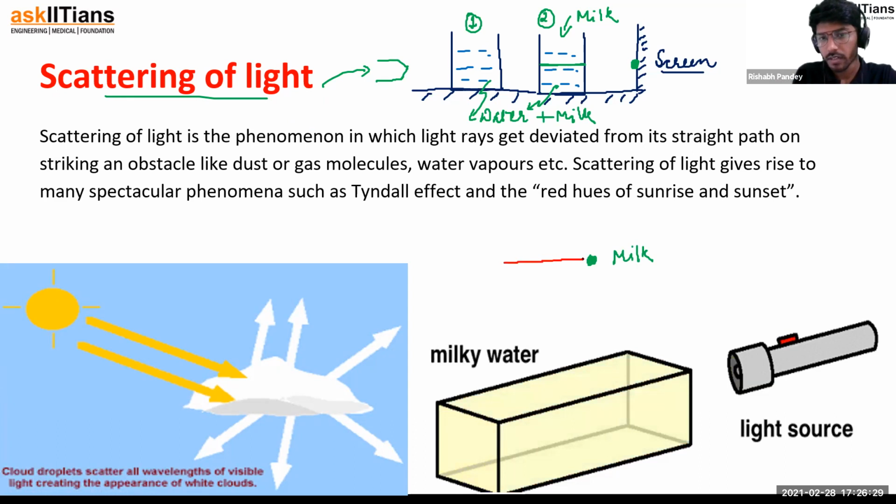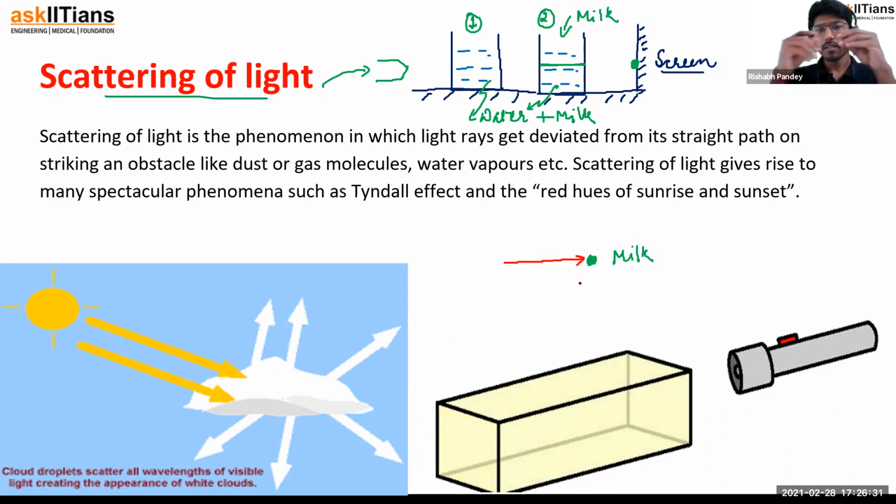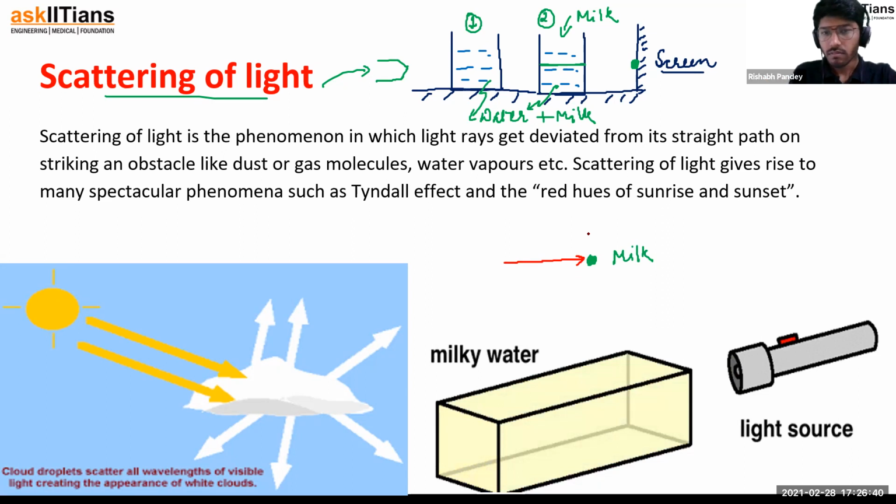As soon as this ray of light strikes this molecule, the phenomenon of reflection takes place over here. It reflects this white light into almost all the angles, like this, almost 360 degree reflection is taking place, right?